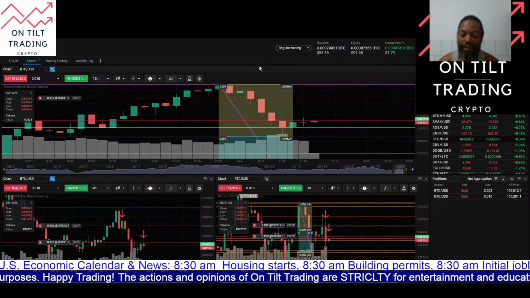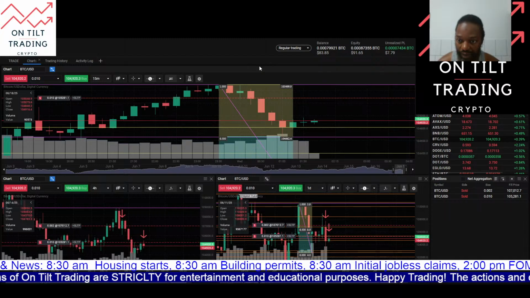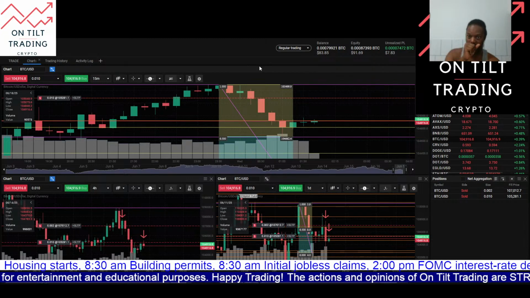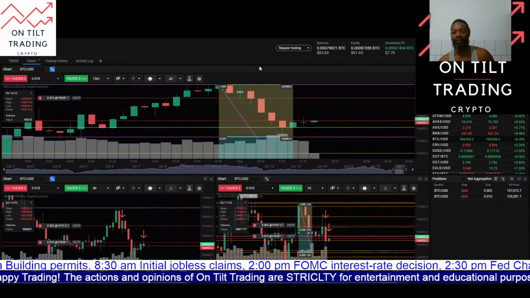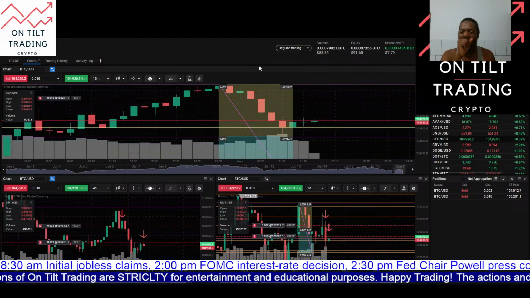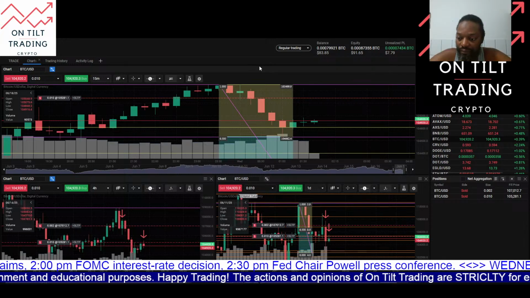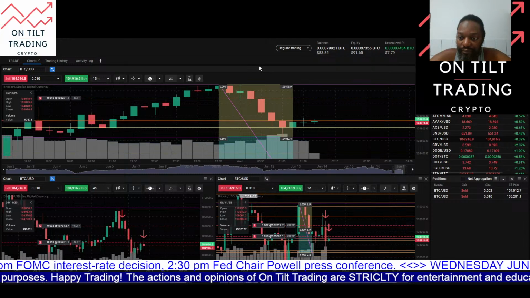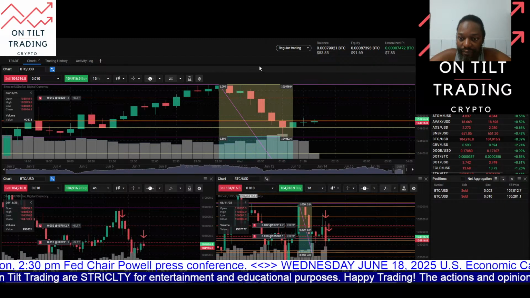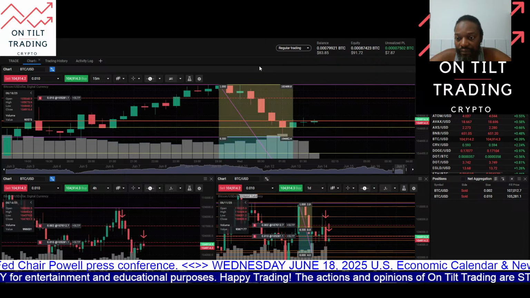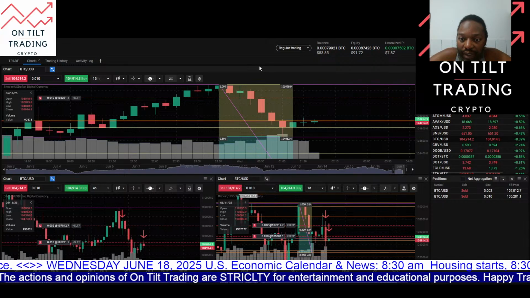Price still consolidating here between 104,900 and 104,935. Still consolidating here at this reaction level.